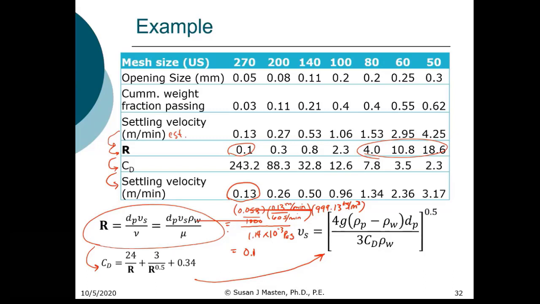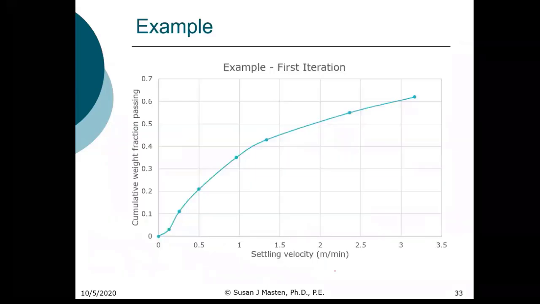I then use that settling velocity to calculate the Reynolds number, use the Reynolds number to calculate the coefficient of drag, use that coefficient of drag to calculate a new settling velocity using the more general form of Stokes' law. Okay? So I'm iterating on a solution on the settling velocity. So how many times should we go through that? Like how many iterations? You'll see in a second.